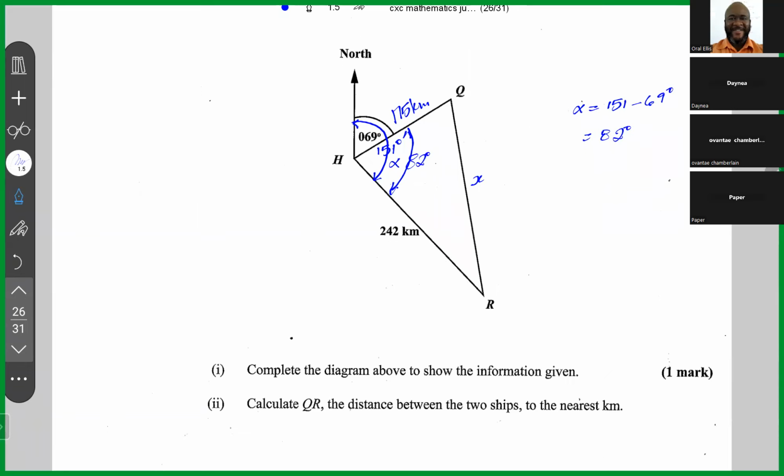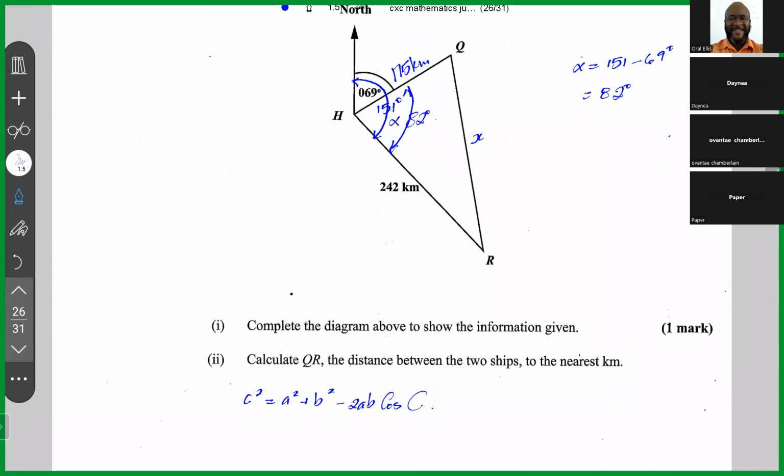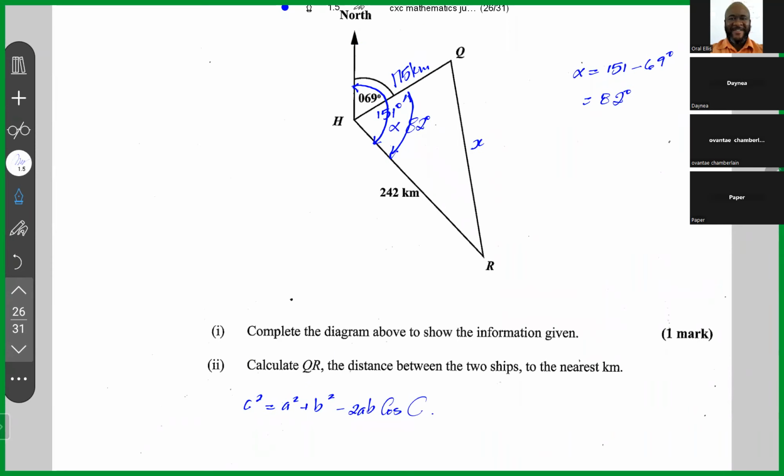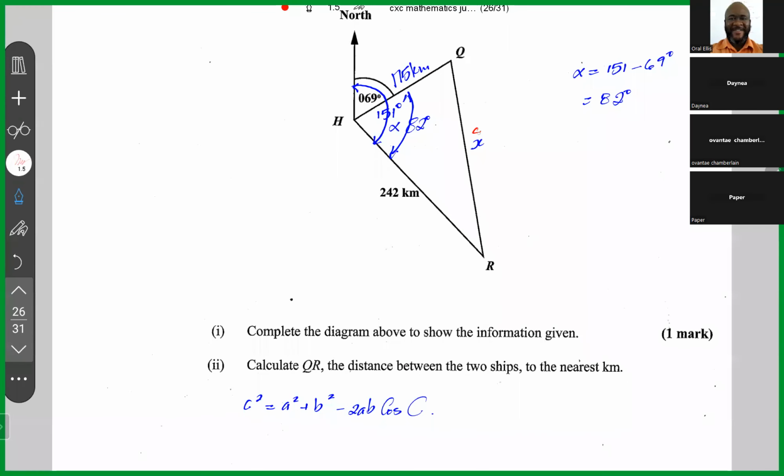So right now what we have is a non-right angle triangle, for which we know the length of two sides and the inclusive angle. And we want to find the length of the third side. So for that, we're going to apply the cosine rule, which says that c squared is equal to a squared plus b squared minus 2ab cosine C. In this formula, this is little c.